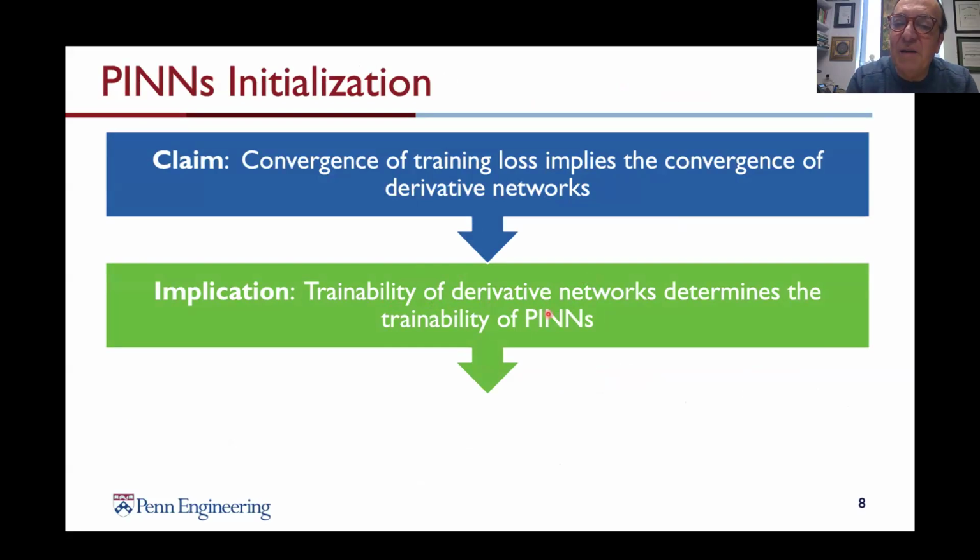So I claim that in GPINNs we don't have that problem. I haven't tried depths of 10 and 20, but we see, for example, convergence of derivatives, and that's what you're monitoring, because when you take the gradient of the residual, you're forcing the previous one.